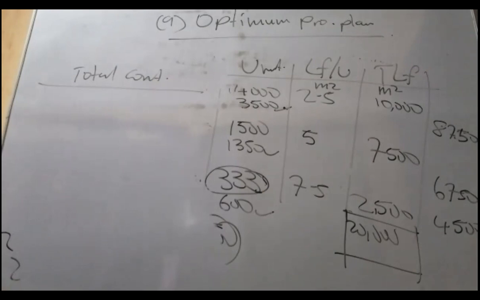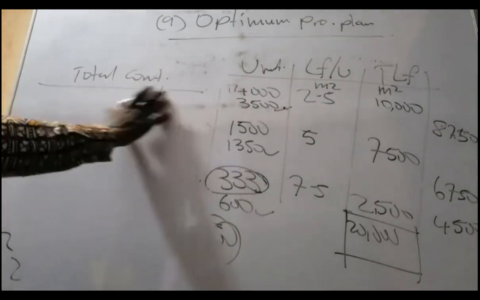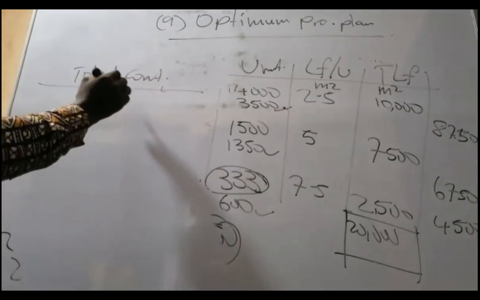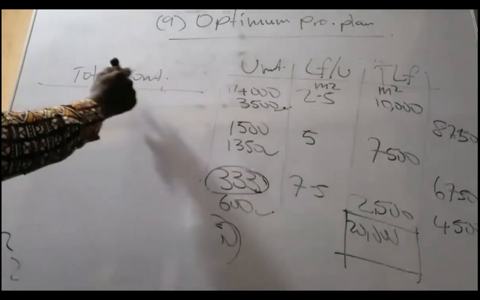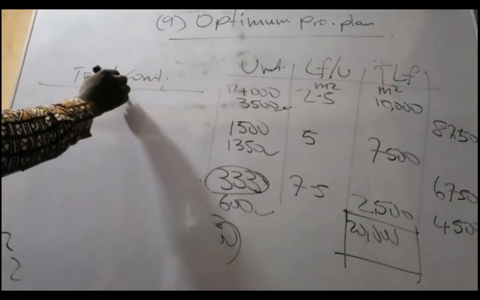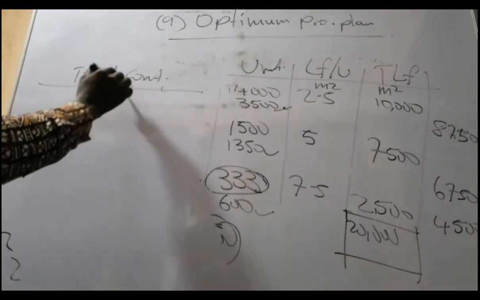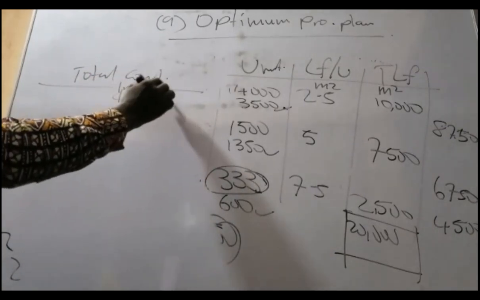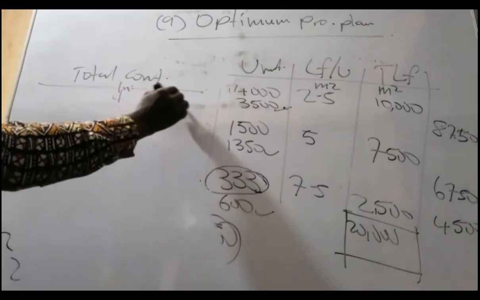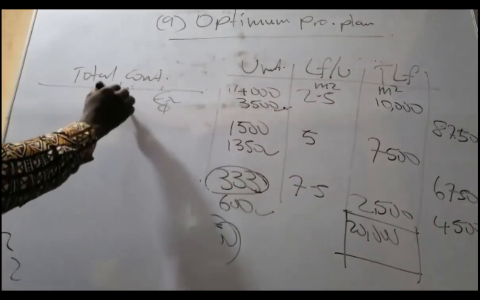To get a total contribution, we have to look at the units produced times the contribution per unit. I'll do two columns: included, then excluded. You don't need to do all this, just to show you a final position.